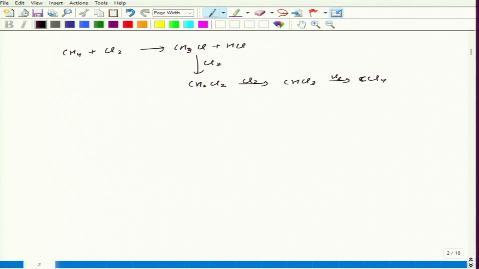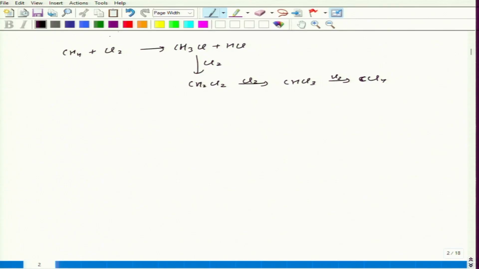It is very difficult to stop the reaction at any one step. For example, if we need to substitute only one hydrogen by a chlorine atom, it is difficult to stop the reaction there, because it goes through a chain of reactions and the hydrogens keep on being substituted by chlorine. So, how is this reaction taking place? Let us go through the mechanism of the reaction.